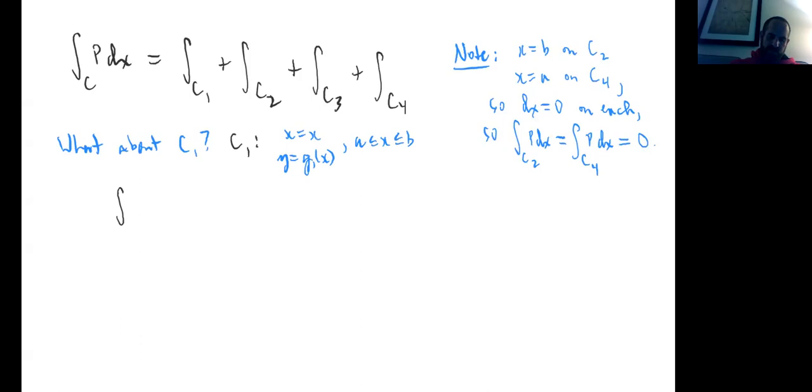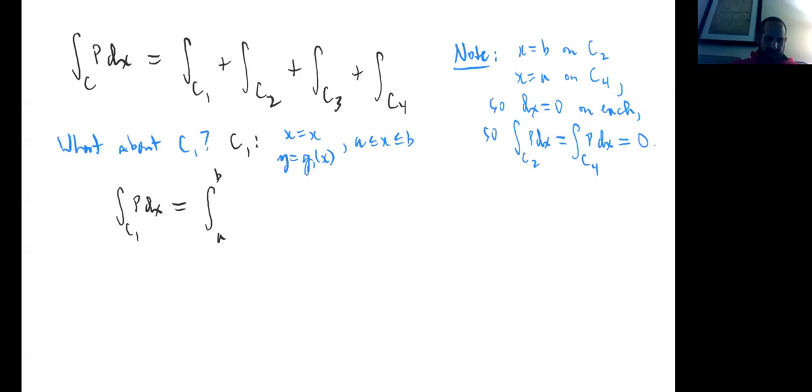So then what do we get? Well, the integral over C1 of P dx is equal to, well, what is dx? Since x is equal to x in this case, dx is just dx. This is going to be the integral from a to b of what?